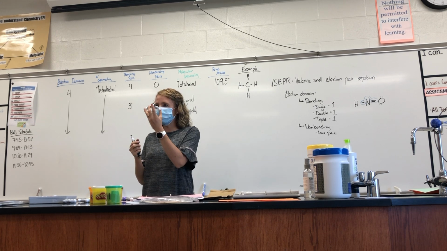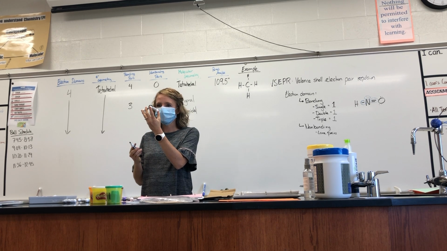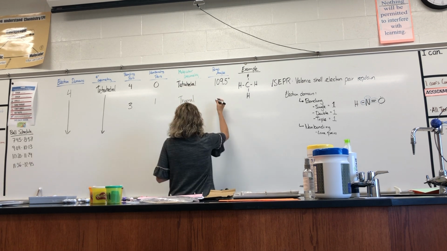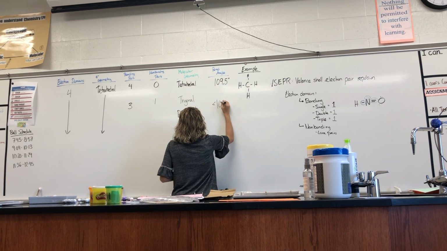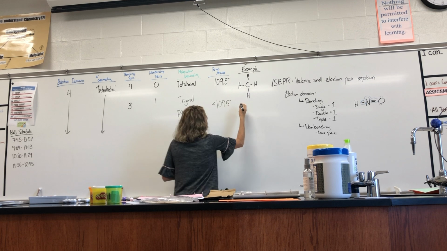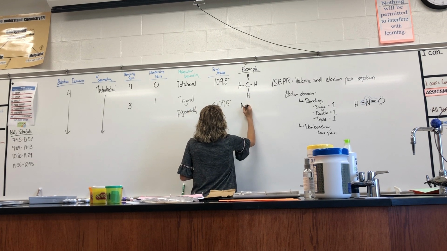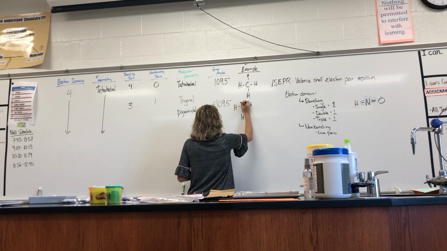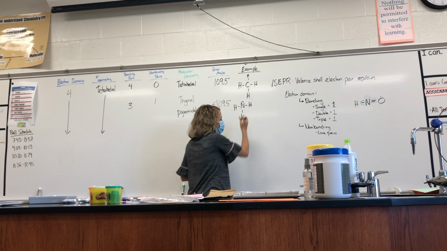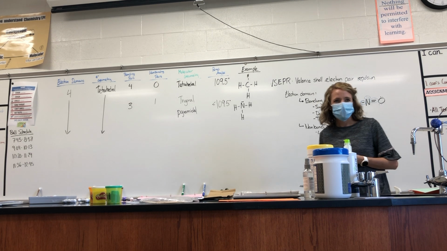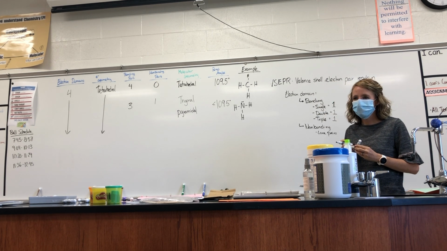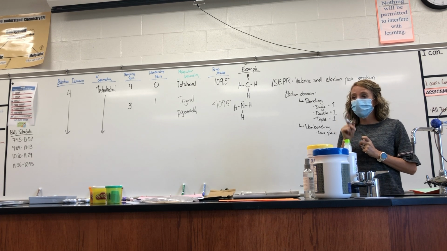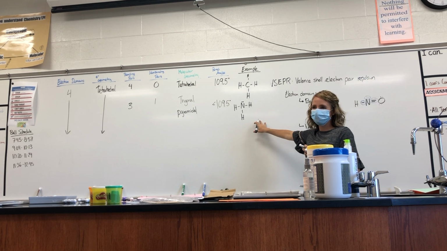Okay, questions on this one? Oh, bond angle is going to get less than again, so less than 109.5. And then this would be an example of one. Now, once again, here's the importance of the Lewis structure, everybody. Give me your eyes up here for a sec.